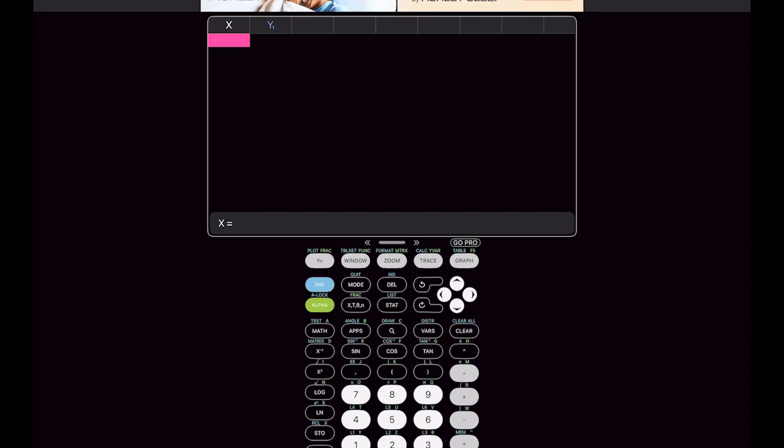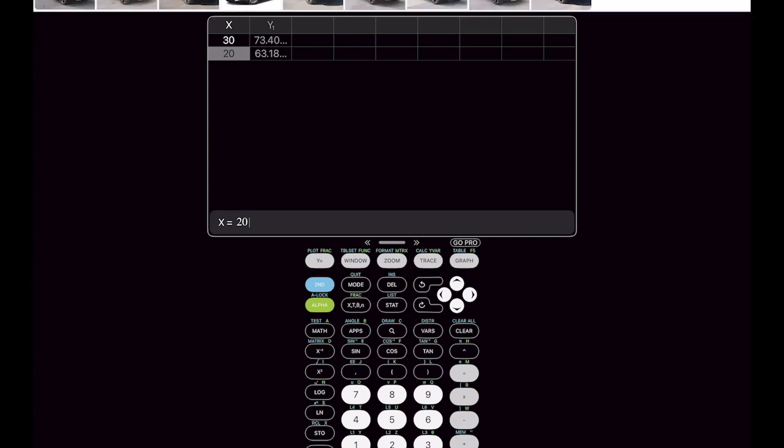So first we're finding h of 30, which gives me 73.40. Then h of 20 gives me 63.18. Actually, if you hover over that, it's 63.184, so let's carry it to 3 decimal places to be more exact.